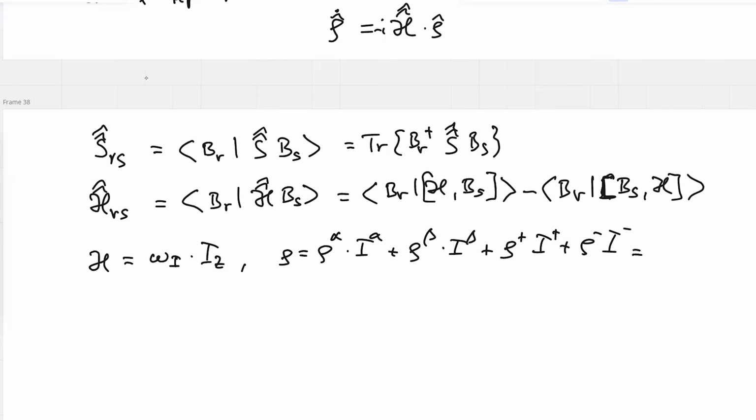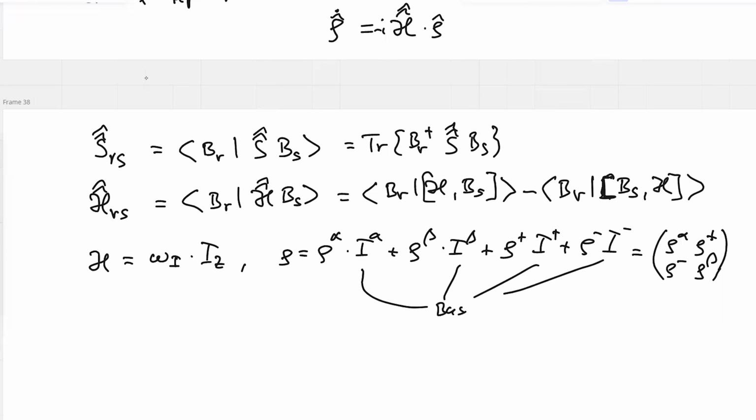And we know this is the typical matrix with rho alpha, rho beta, rho plus, and rho minus that were also introduced above. And these I's are the base operators B that we introduced here for the calculation, in essence B_R and B_S.